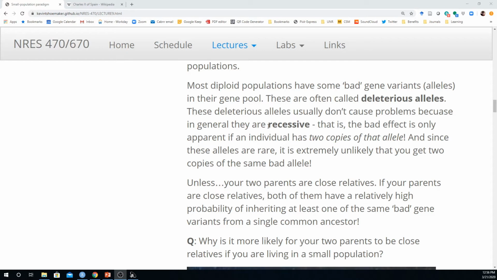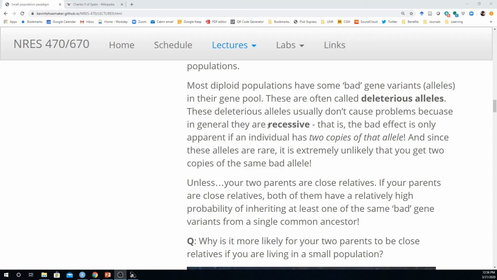That is, if your parents are related, they have a common ancestor somewhere, and that common ancestor probably carried a bunch of deleterious alleles. It's possible that because your two parents share that common ancestor, you might get the same bad allele that common ancestor carried.